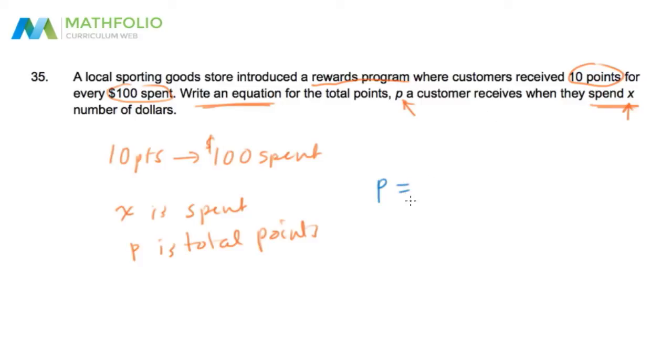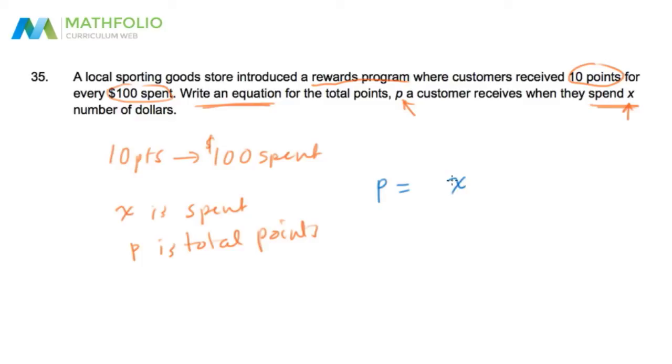So P, which is the points, equals, now let's think, X is what they spend. Now, if they spend 100, they get 10. They get 10 points if they spend 100. So let's just think about this.